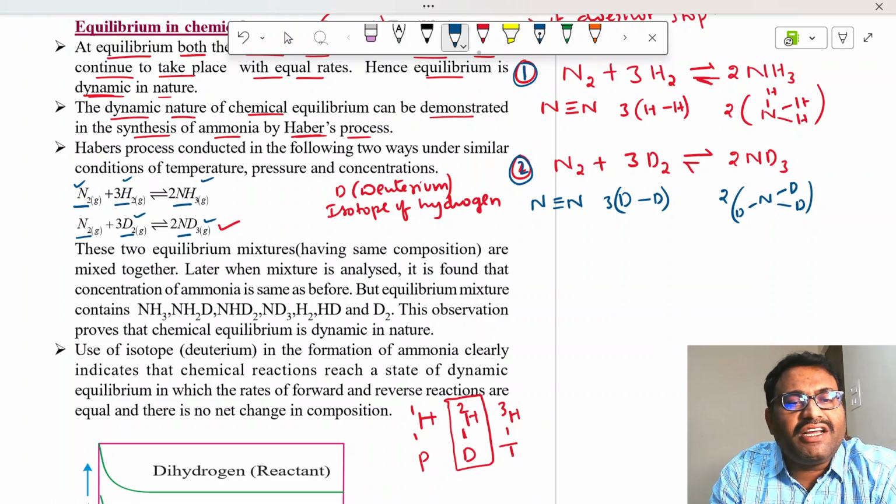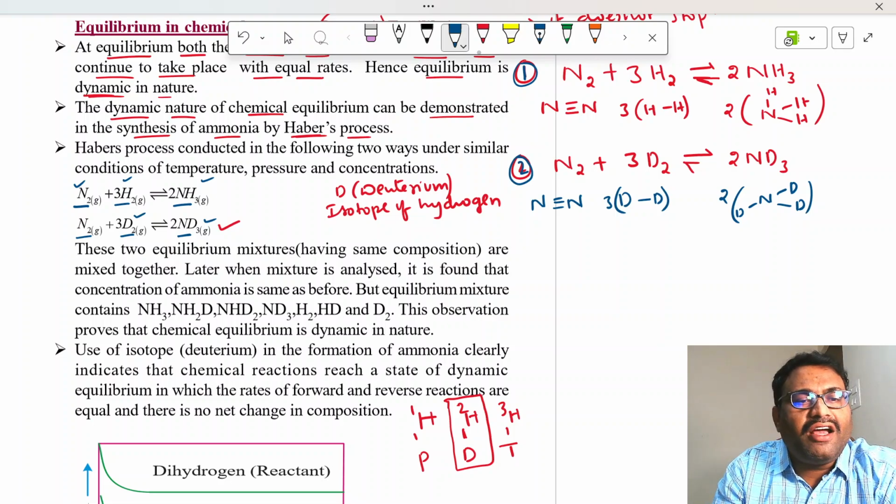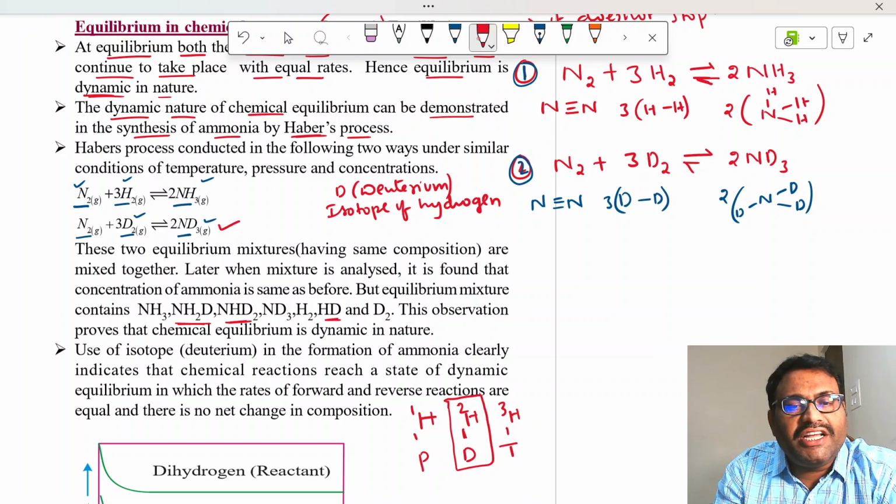But after leaving the container for some time, it is found that along with NH3, NH2D is present, NHD2 is present, and HD is present. Where did they come from? Along with NH3, ND3, H2, D2, these different compounds are also observed.